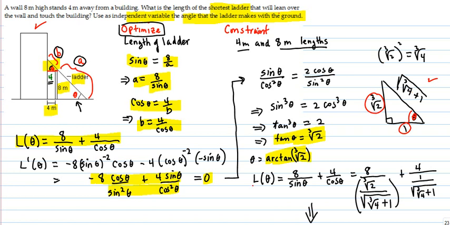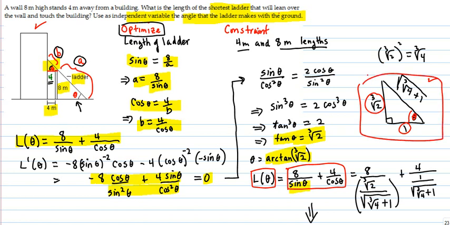So the length of the ladder, depending on theta, is the original expression for the length. So what is sine theta? Sine theta on the diagram, there's your diagram. Sine theta is opposite over hypotenuse.